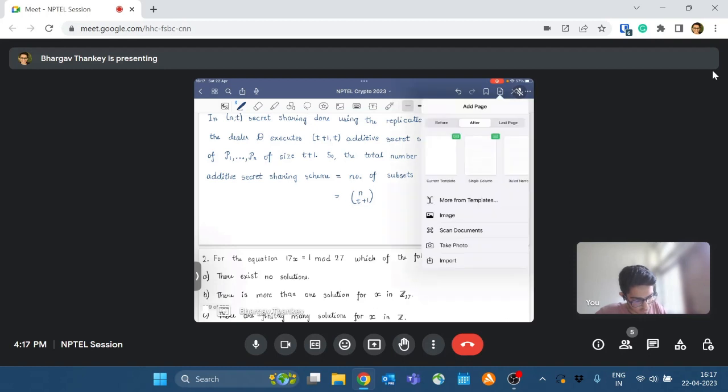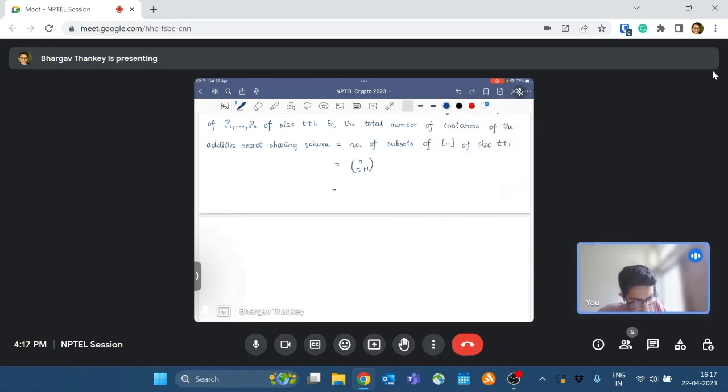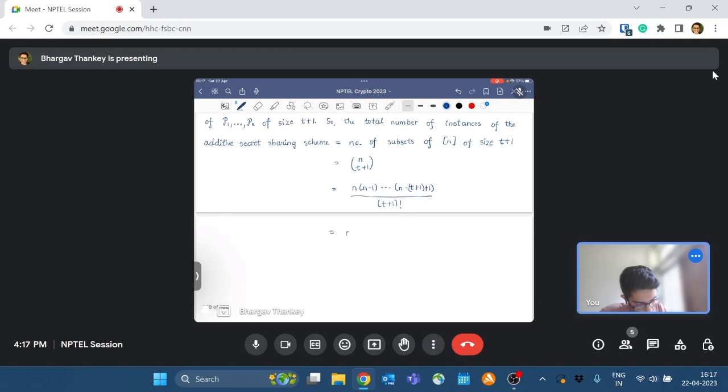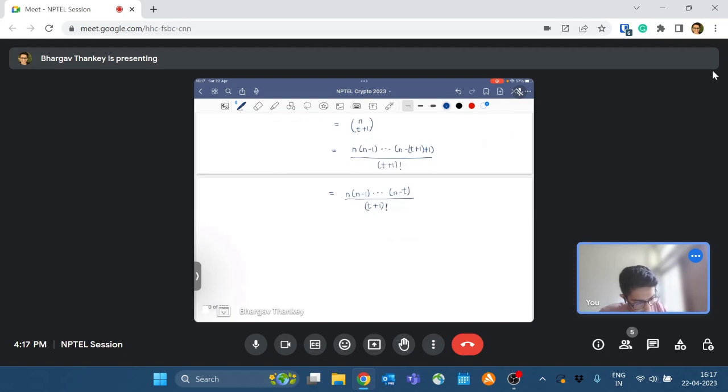And this is just n times (n minus 1) all the way to (n minus t), divided by (t+1) factorial.